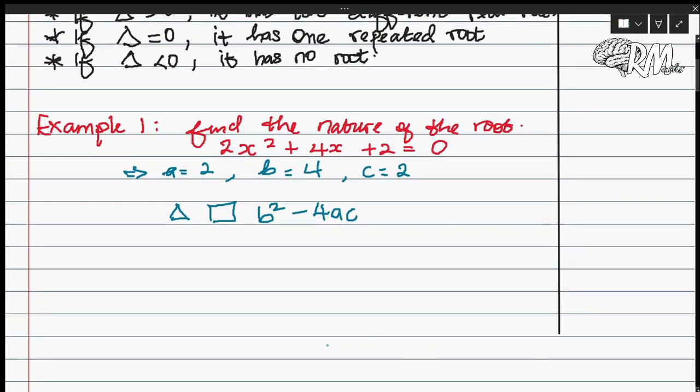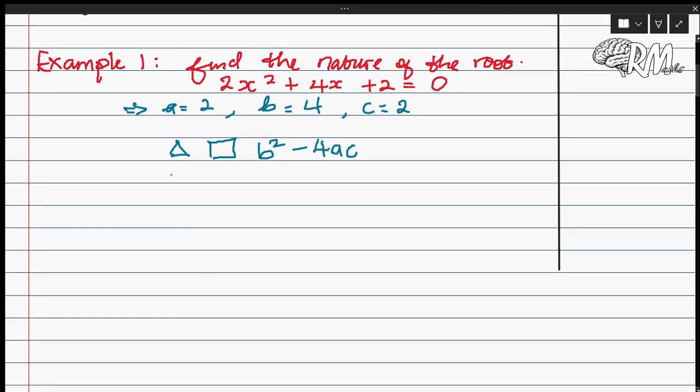Since I don't know what will be there, my b here is 4, so I'll put 4 squared minus 4 times my a, which is 2, times my c, which is 2. So I have delta, then the box, 4 squared is 16, minus 4 times 2 is 8, 8 times 2 is 16. Then delta, then the box, equals 0.